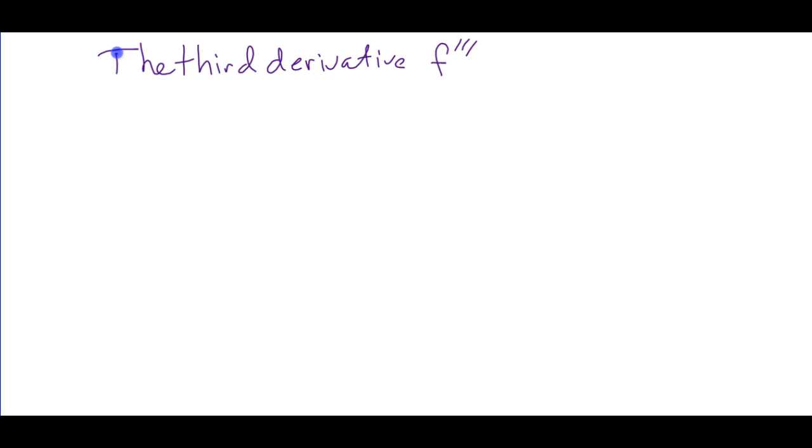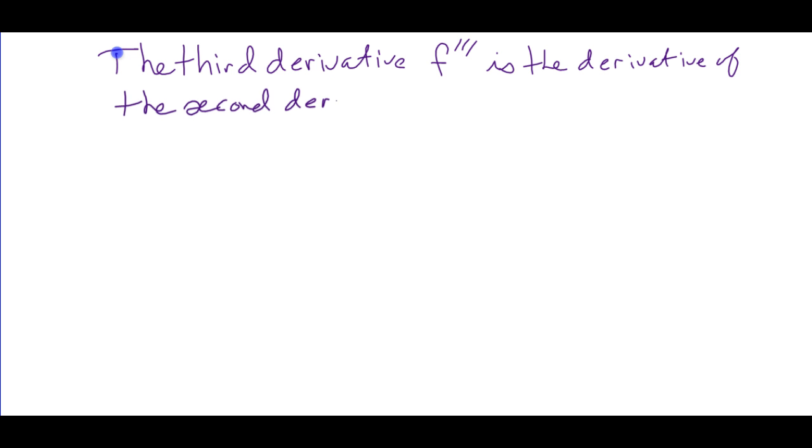It's the derivative of the second derivative, right? You've got to work them out one at a time. So it's like f double prime, second derivative prime, like take the derivative of the second derivative.